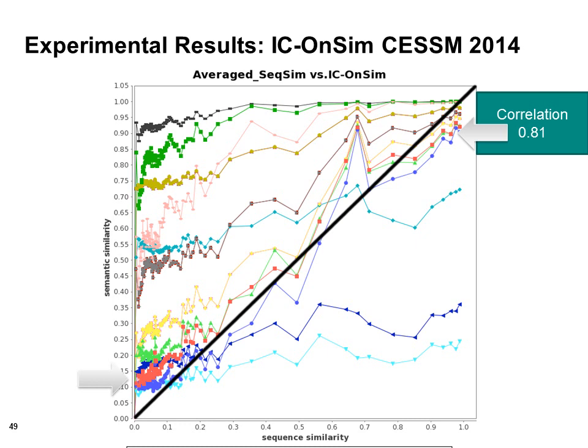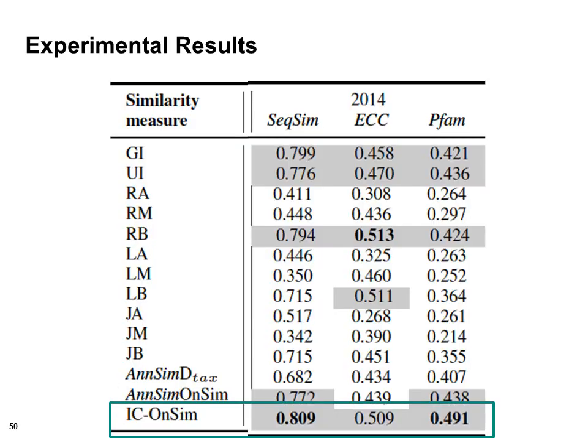But when we consider IC-OnSim, we can see that IC-OnSim is able to assign very low values of similarity to dissimilar pairs of proteins, and the Spearman correlation value is quite high. And as before, when IC-OnSim is compared in terms of Spearman correlation with respect to the baseline measures, we exhibit a very good performance.